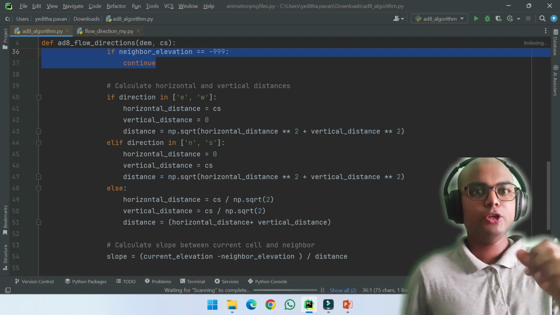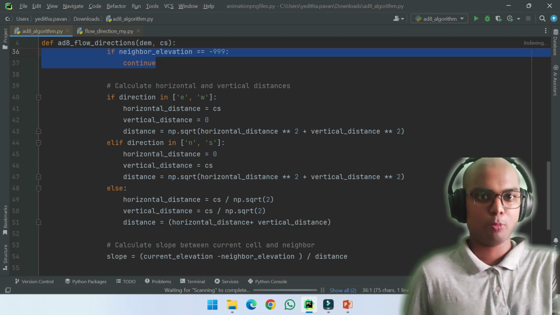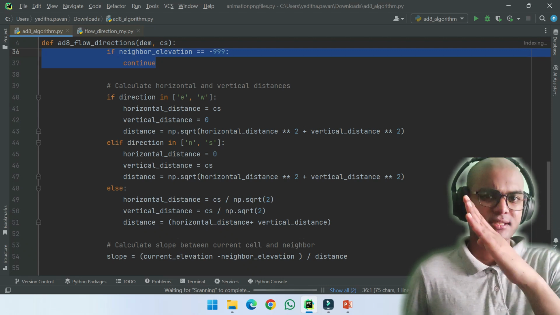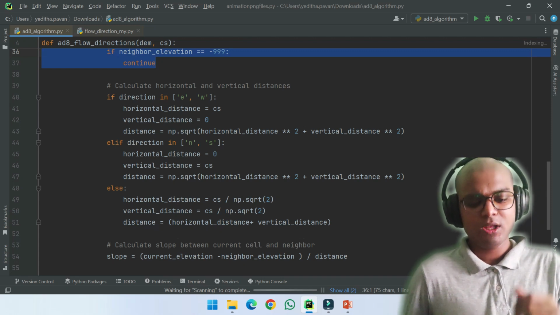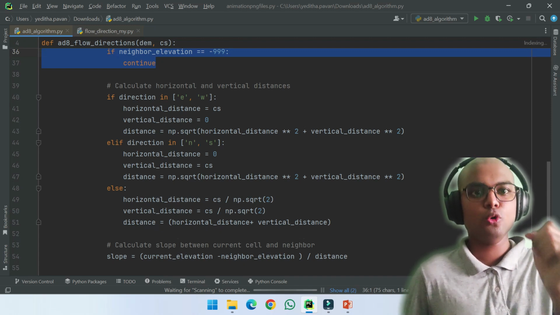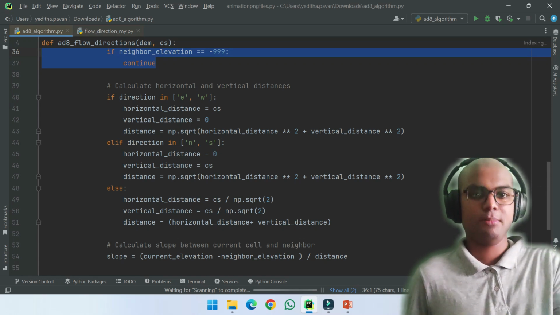For slope, we need to know the elevation divided by distance so that we determine the slope of the cell. Whichever has the steepest slope, we will say water will flow in that direction. So to do that, we need to know the distance of the current cell to its neighboring cell.